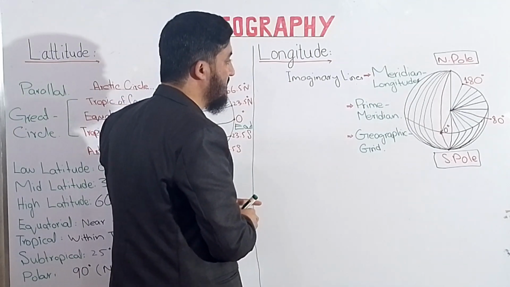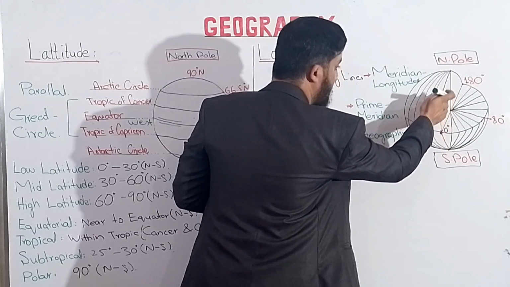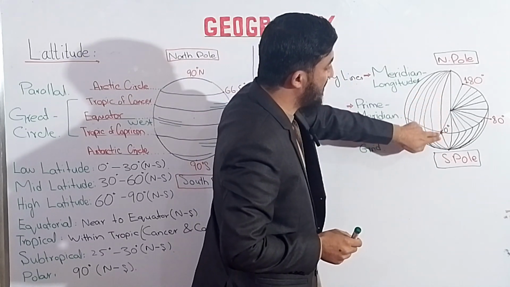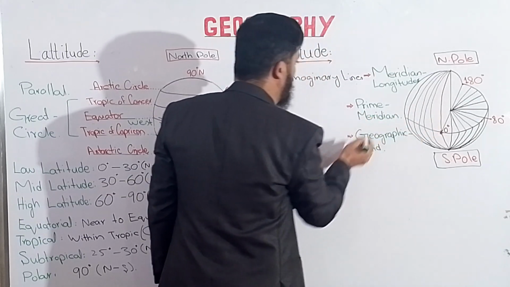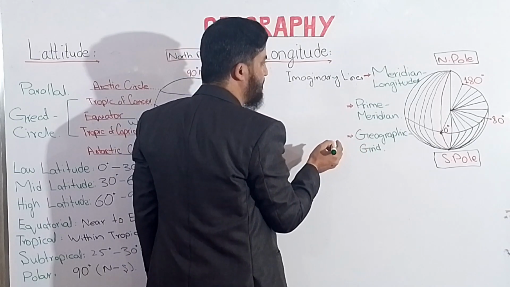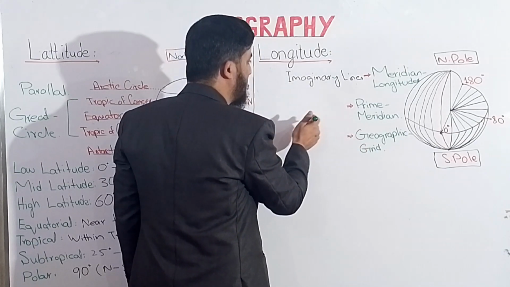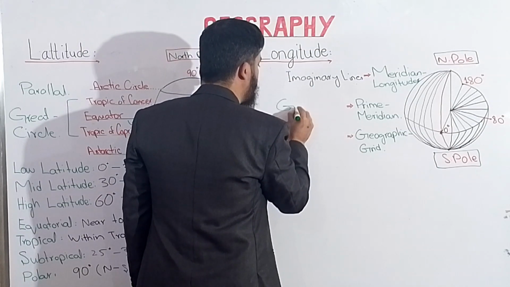The line where the degree starts from 0 degree, which you can see in red, is called the prime meridian. This prime meridian is located, according to the Royal Observatory, in the region called Greenwich.